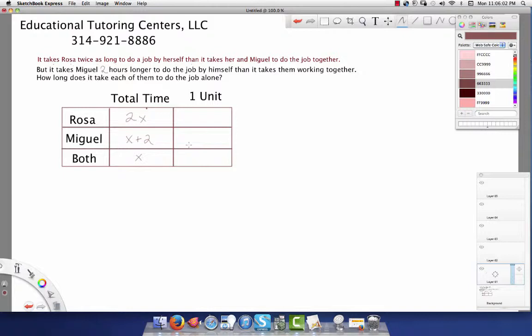So let's go ahead and get this problem set up. So for 1 unit of time, for them both to do it, it would be 1 unit out of whatever the total is. Okay? And for Miguel, it will be 1 over his total amount of time. And for Rosa, same thing.